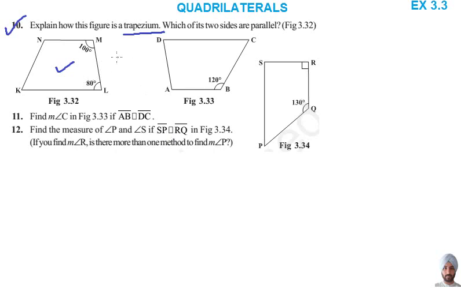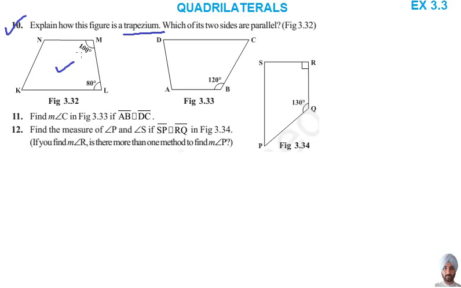Now moving back to this question, here we have to explain why this is a trapezium. Recall that a trapezium is a quadrilateral having at least two sides parallel. Of course they should be opposite. So if I am able to prove that any two sides are parallel, then I will be confirmed that KLMN is a trapezium.